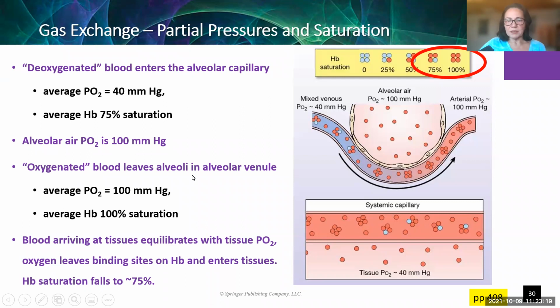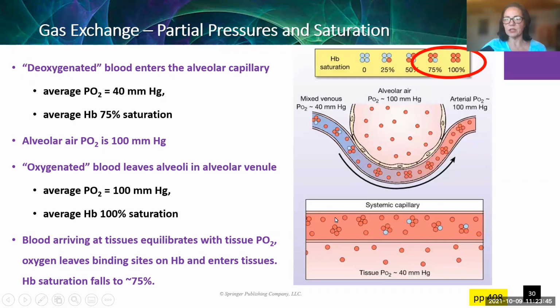So oxygenated blood. The deoxygenated blood comes in, goes around the alveolus, and picks up oxygen and has higher oxygen saturation on the way out of this capillary. Then that blood arrives at the tissues. It's arriving from this side. That's the very highly saturated.